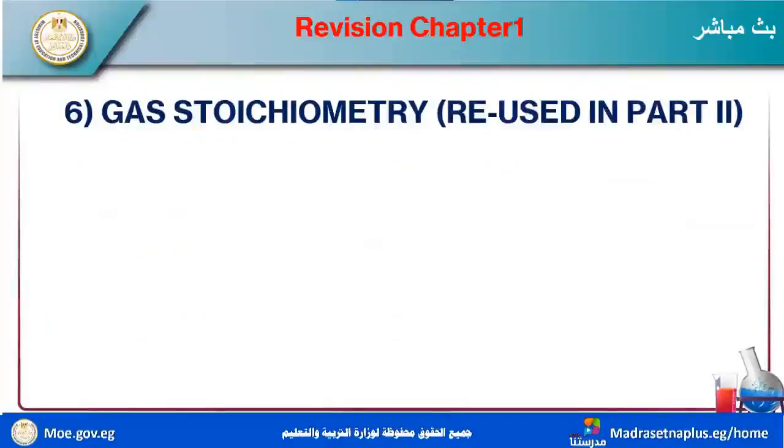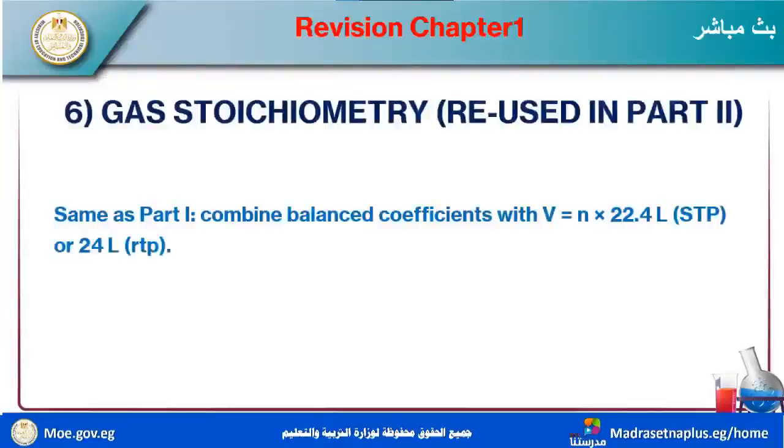Now we can continue the revision of gas stoichiometry used in this part 2. You explain some algebra. It combines balance coefficients with volume. If you want to detect the volume of any gas, you must multiply the number of moles times 22.4.